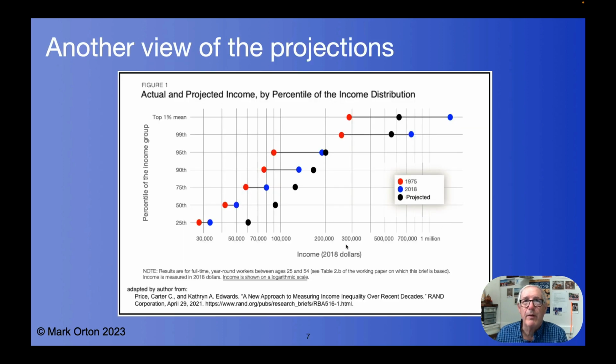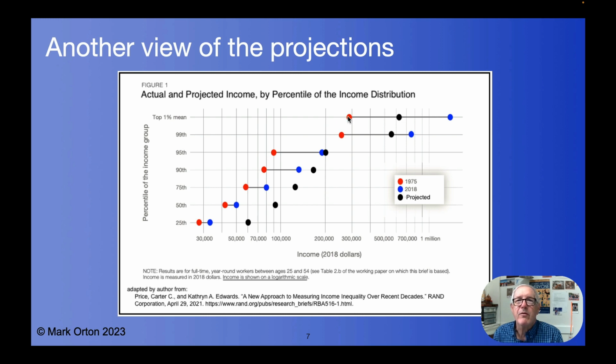And here's another way of looking at this. This is a graph. This line here is logarithmic. It's not linear, so don't be confused by the spacing of these indices here. So let's just take a look at the top 1% mean.